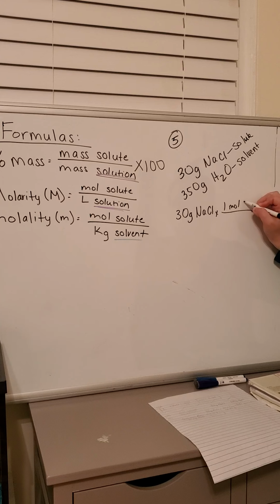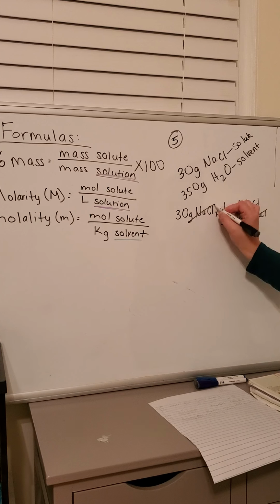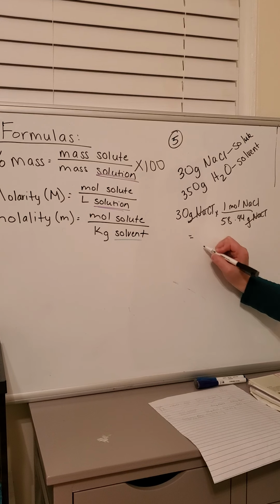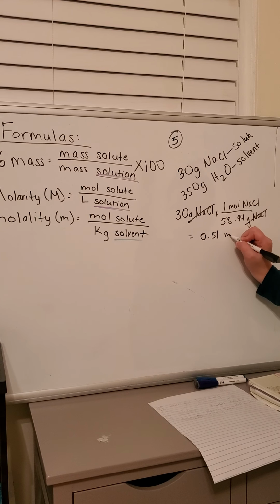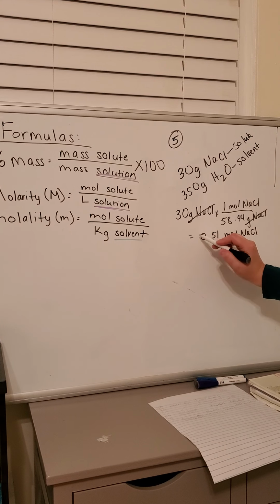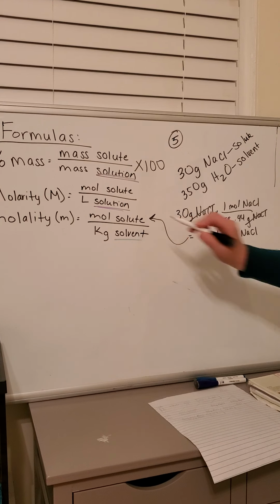I can hear all of you saying molar mass. So 58.44 grams of NaCl. We're out of grams and now in moles. That is 0.51 moles of NaCl. So now we have our top number, and that's going to go in there.